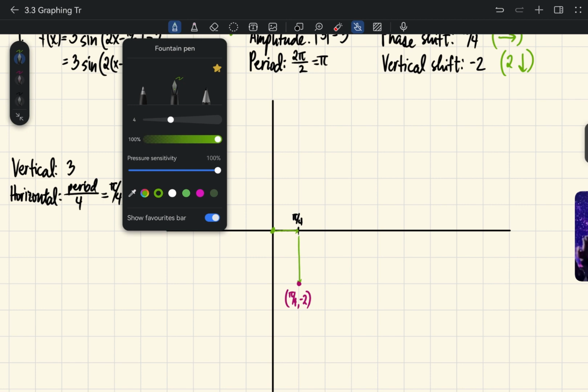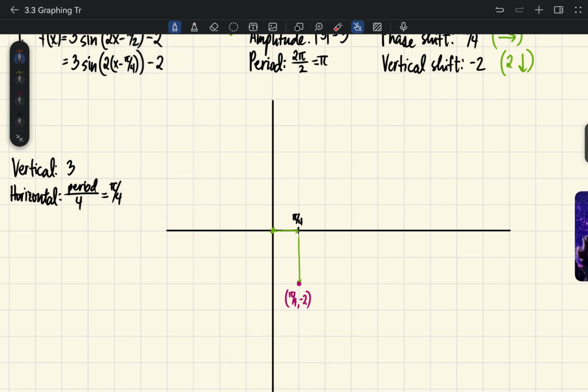Maybe we can use orange. Okay, let's add orange. So first, we have to move 3 units vertically. And after that, we need to move pi over 4 units to the right.